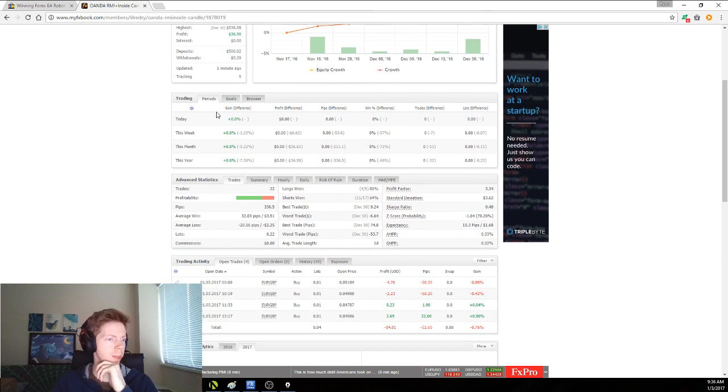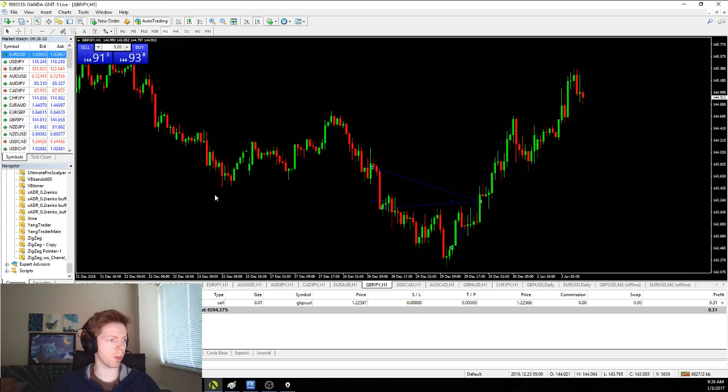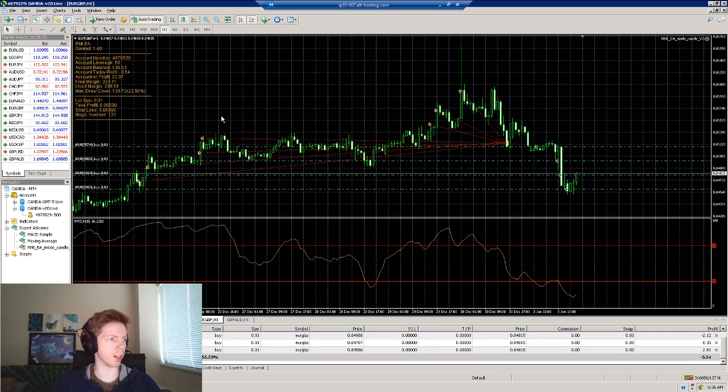I have it running on a VPS. You can see that the drawdown says it's 13%, but it was more on my chart. It was about 21 or 22%, at least that's what it was showing me. And that's when all these trades entered.